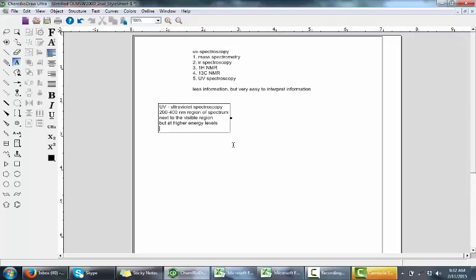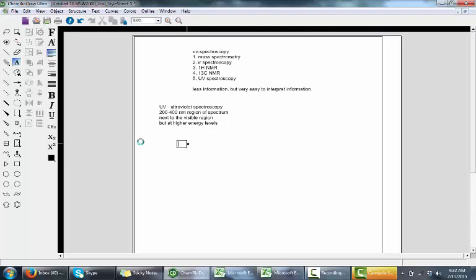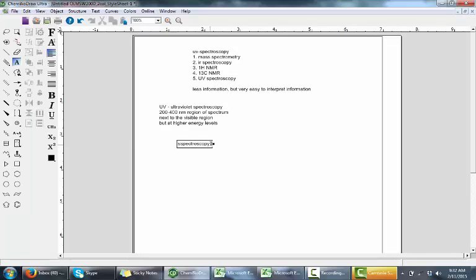And to review, when we talk about spectroscopy in general, what's going on in spectroscopy is we irradiate the sample with energy. And that energy has two choices.